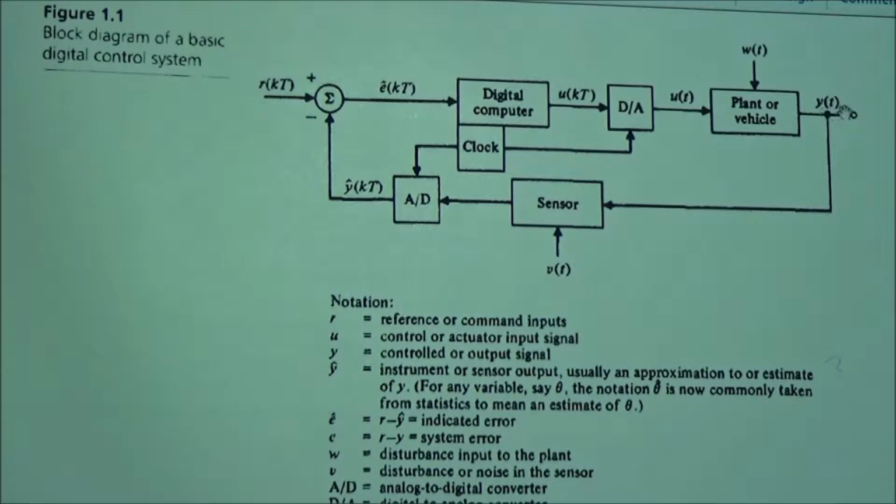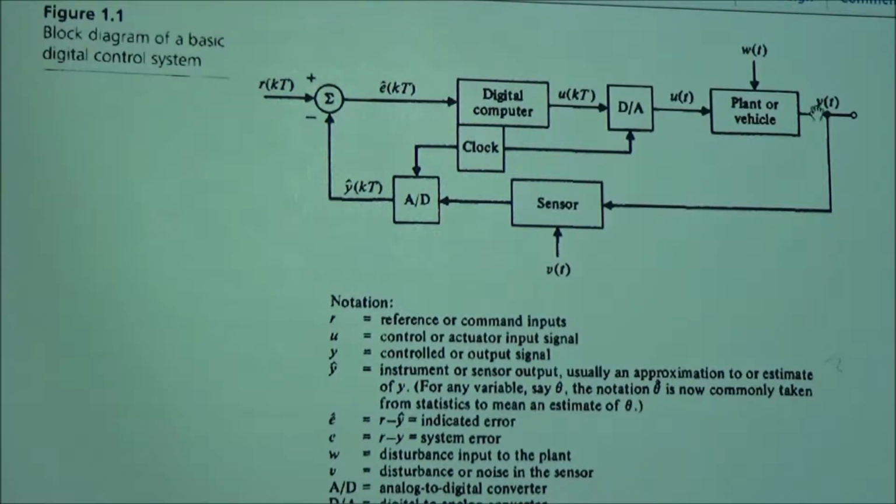be followed, copied by the output. The output is being sensed by some electronic sensors, could be potentiometers for position, an accelerometer for acceleration, a pressure sensor, you name it.